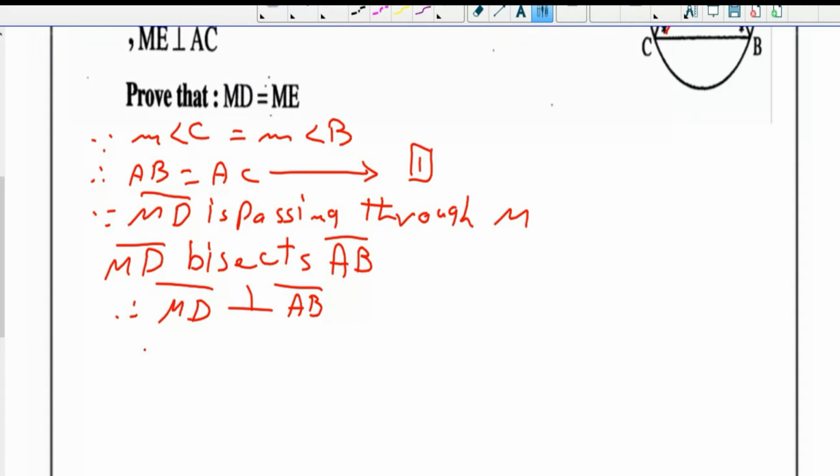Since the line segment ME is perpendicular to AC, I will name these two with equation 2. From 1 and 2, what do you deduce?